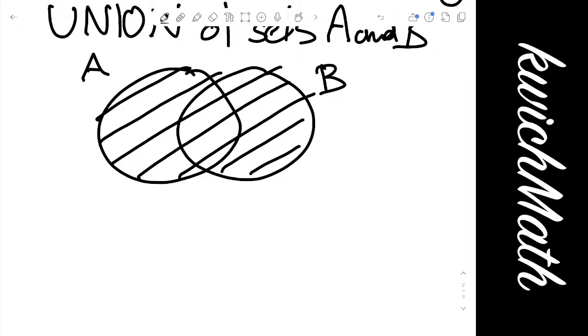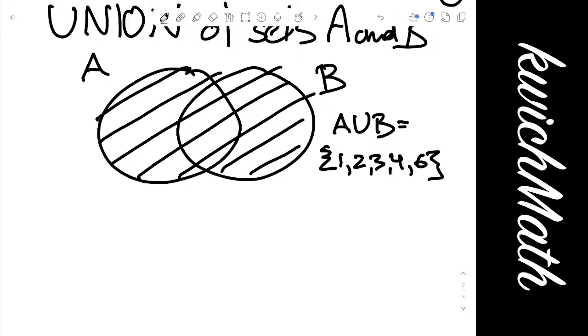So that would be our example: 1, 2, 3, 4, and 6.